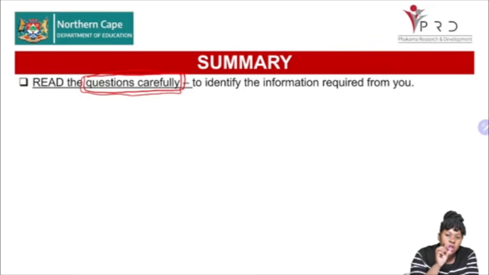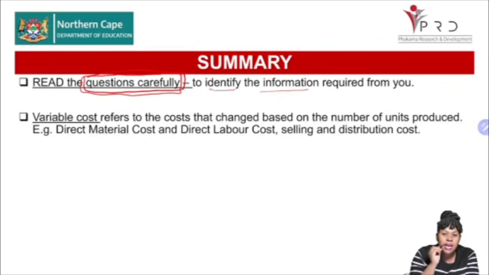But the moment you look at the words that the examiner is highlighting, then you are able to know how to approach the question and what is expected of you. So this helps you to identify the information required from you. So when you read, have a highlighter, have a pen, look at the keywords that are asked in that particular question so that you can answer the question to the best of your ability.